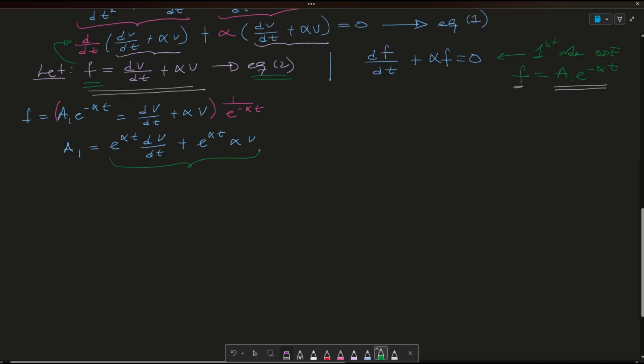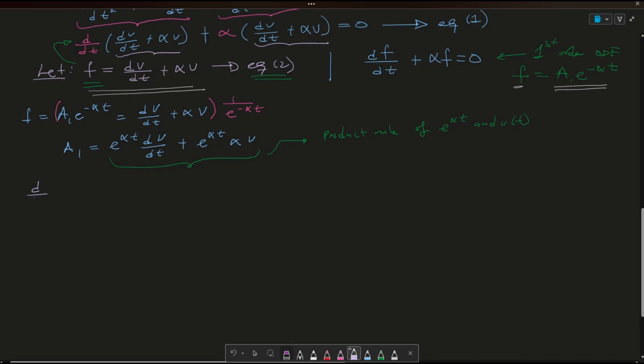And what we will notice is that this here is a product rule of e to the alpha t and v of t. Let me prove this so there's no ambiguity.